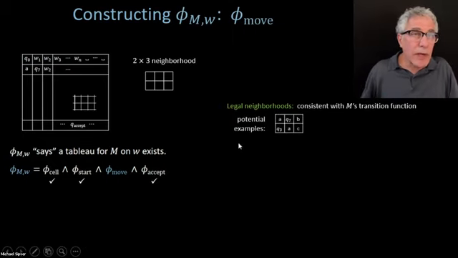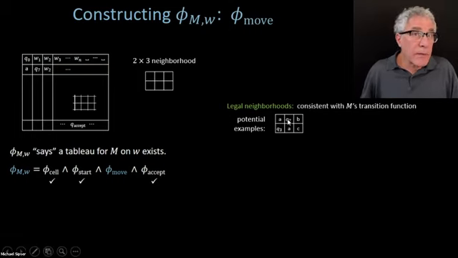So let's look at what I mean by a legal neighborhood. A legal neighborhood is a setting of the 6 values of this 2x3 neighborhood in a way which doesn't violate M's rules.